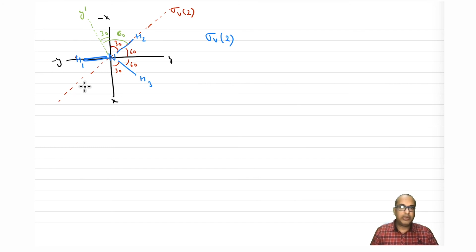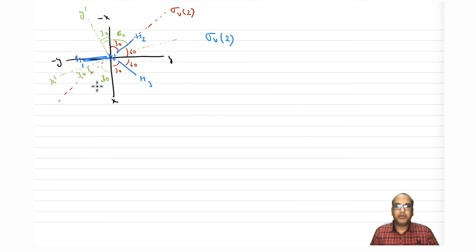Now what about the angle between sigma v2 and x? What will be that angle? Okay, so that angle will be 30, and this x will be reflected into a new x prime. Let's call it x prime, and this angle will also be 30 degrees, right?